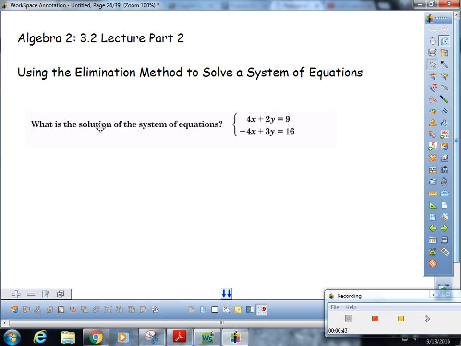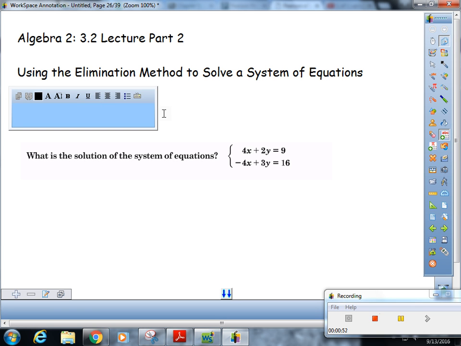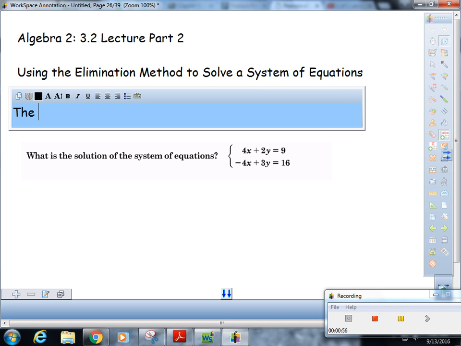if you want to, yesterday I gave you a little description of the substitution method, so I'll give that to you today. The elimination method uses strategic algebraic operations.